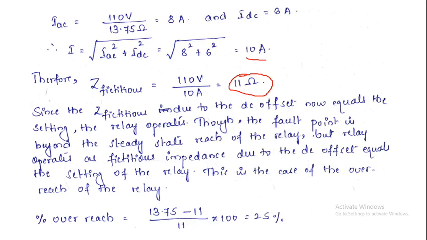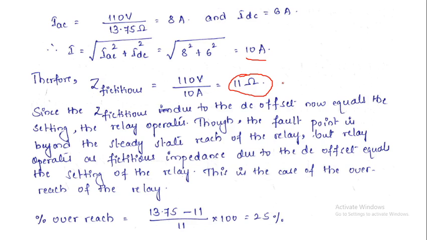So actually how much impedance have we taken? 13.75. But how much impedance is the relay experiencing? It is again a simple 11 ohms. So since the Z fictitious due to the DC offset now equals the setting, the relay operates. Okay, so got the point.